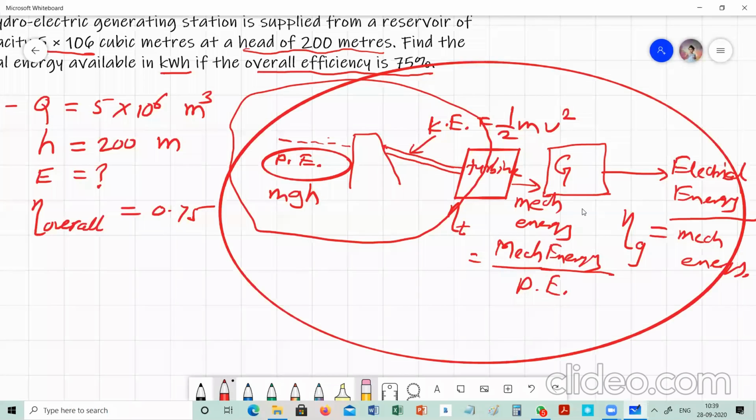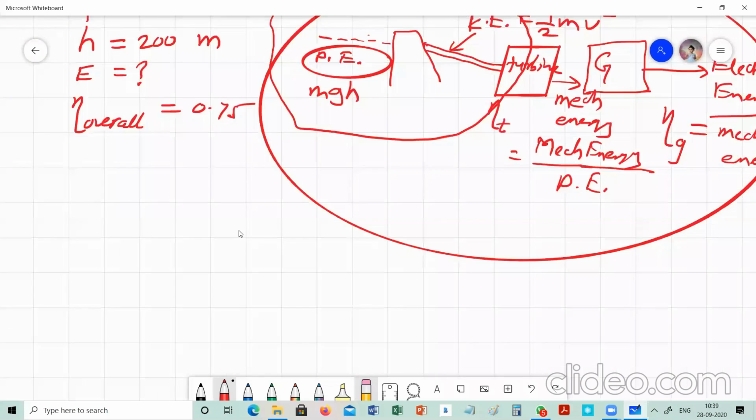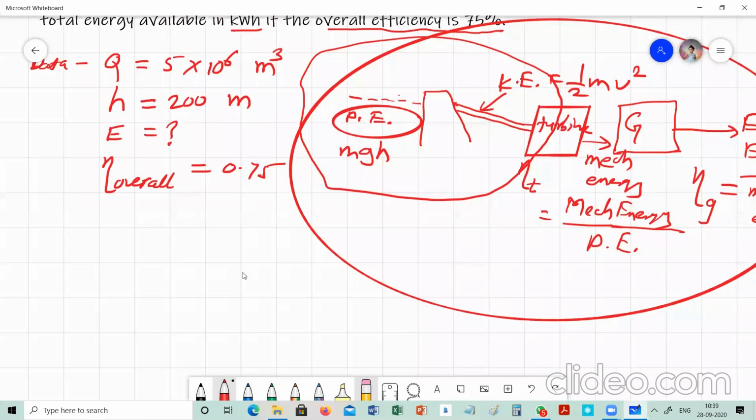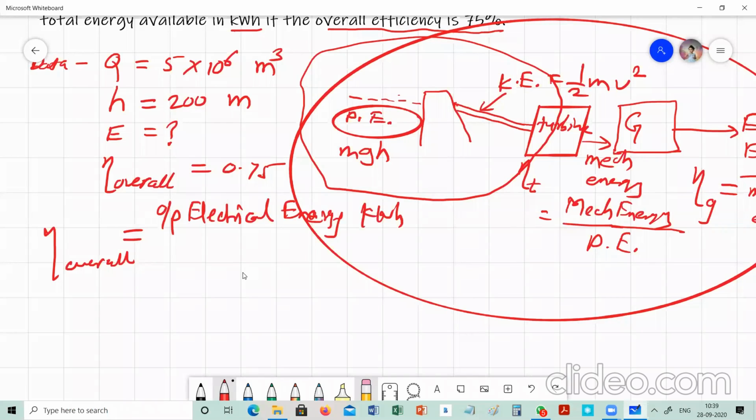So if you consider the overall efficiency instead of just turbine efficiency or generator efficiency, then eta overall will be equal to output electrical energy in kilowatt hour divided by input, which is the potential energy.